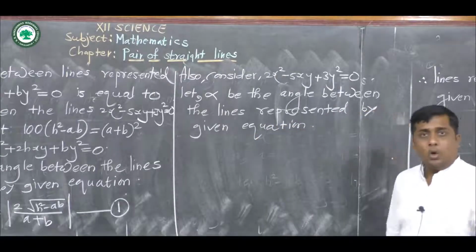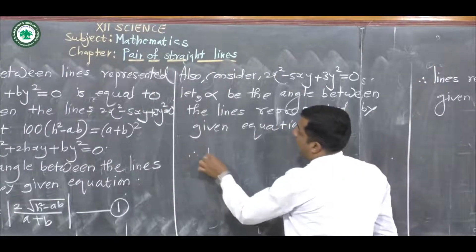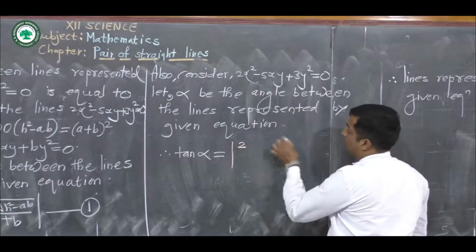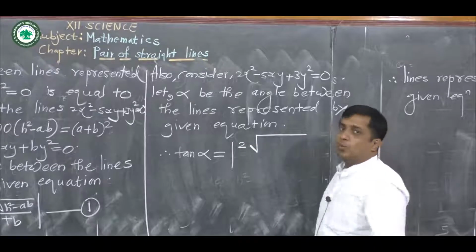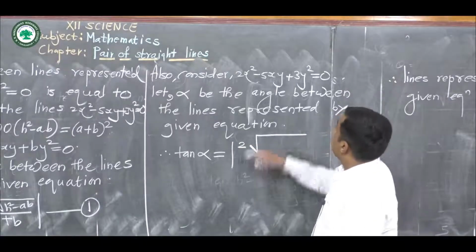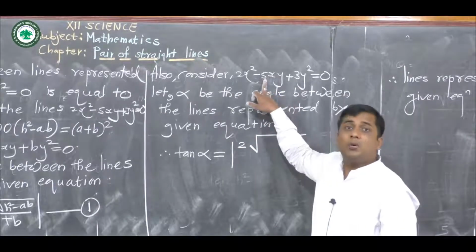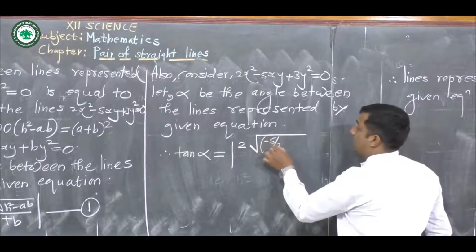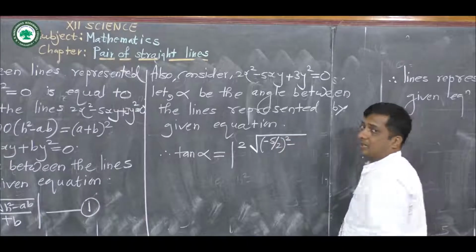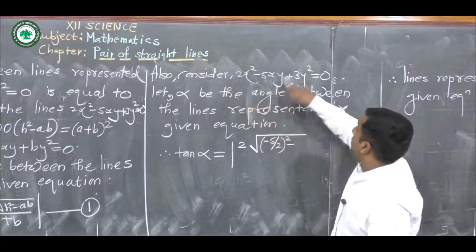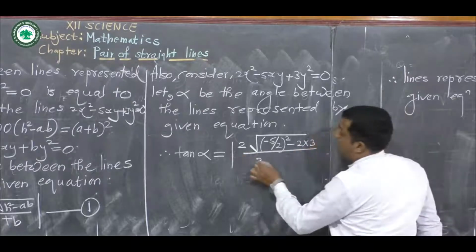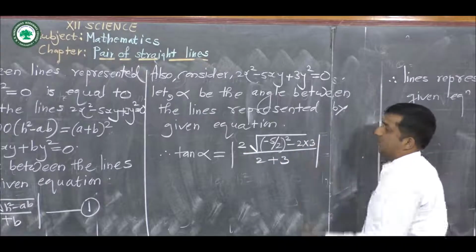Okay, so here we get tan alpha is equal to, inside the mod, 2 into square root of h square minus ab. Since twice h is minus 5, h is minus 5 by 2. So minus 5 by 2 bracket square minus ab. Here a is 2, b is 3, so 2 into 3. This divided by 2 plus 3.